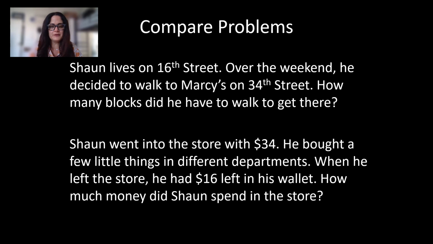On this slide, we are presented with two types of compare problems. Both problems use the same numbers in a different way and could yield different ways of thinking about the relationship between the two numbers. For example, in the first problem, Sean may use the strategy of counting up, even though it is a subtraction problem, whereas in the second problem, Sean may count back to solve the problem, also a subtraction problem.